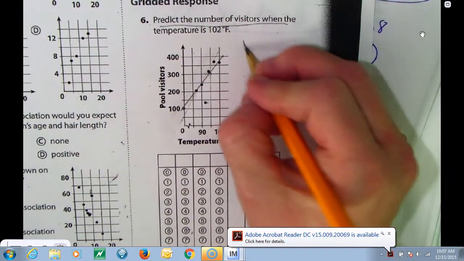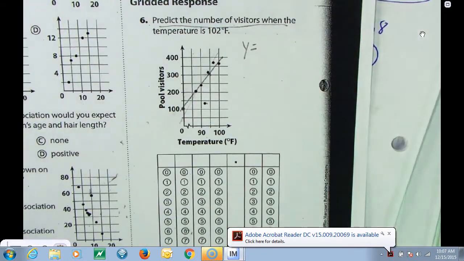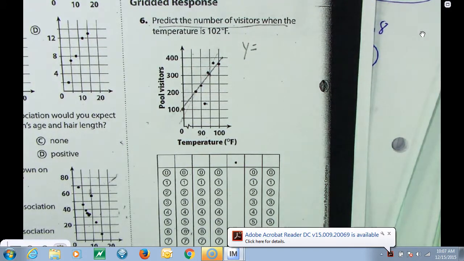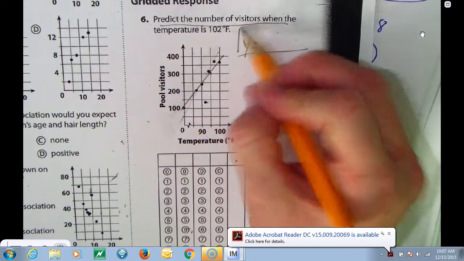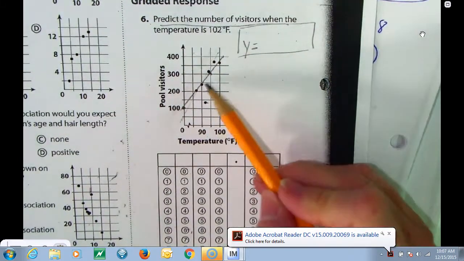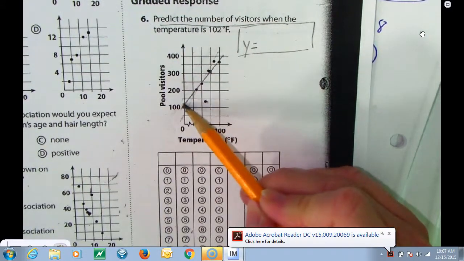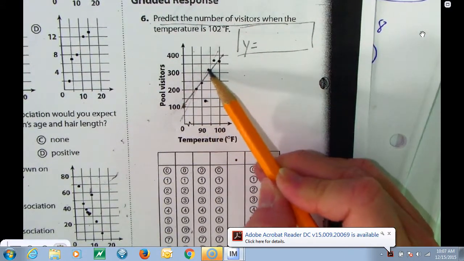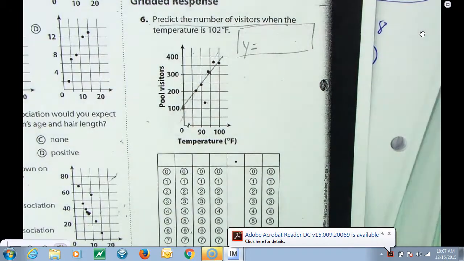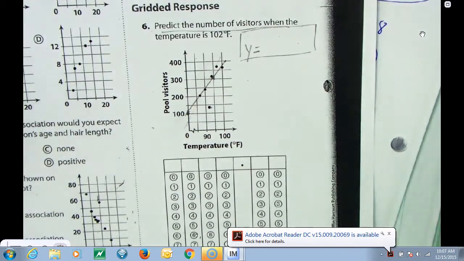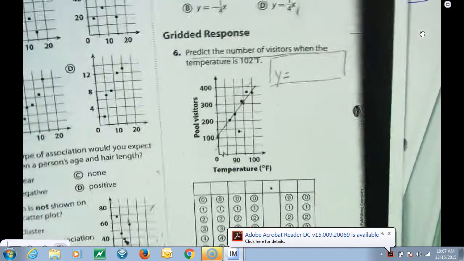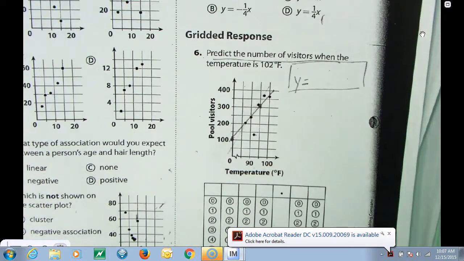Well, you need to do your equation. We're going to write the equation on number 6 using the trend line. Remember, it's going to start at 100 and go through 95, 300. Okay, so that's what you're going to work on, and then we're going to check it at the end of the period. Does everybody understand what we're going to do?